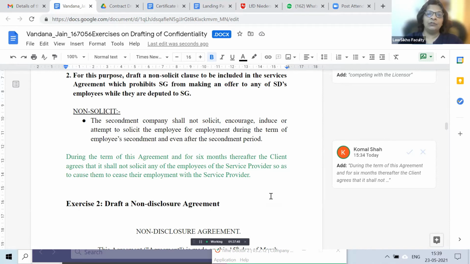Anything else you think should be added to this clause? 6 months is a very wide period. In fact, it can be lesser than that. There is just a software development that is happening, and you know how long it is going to take for a developer to do that, and the employees are going to be there on secondment.